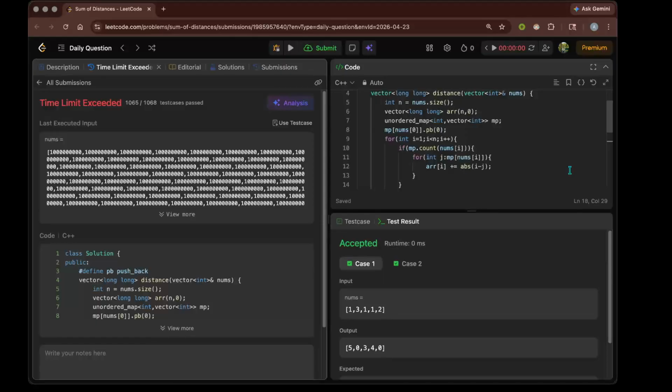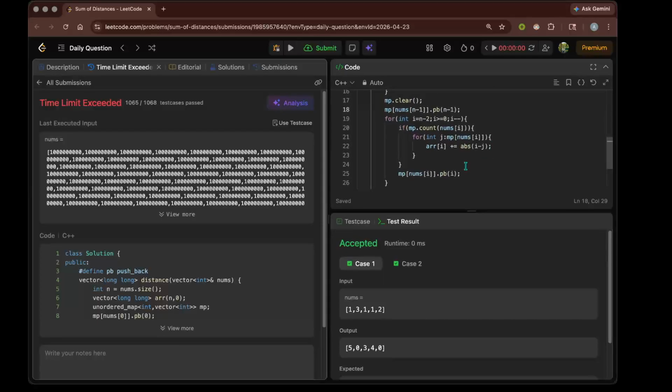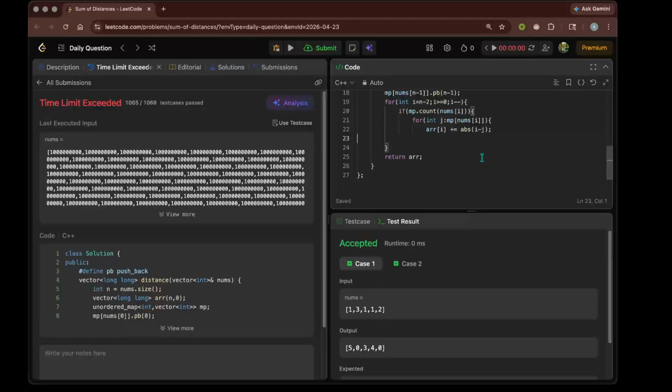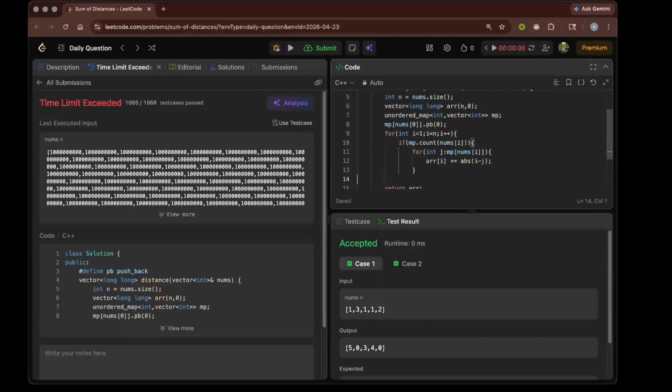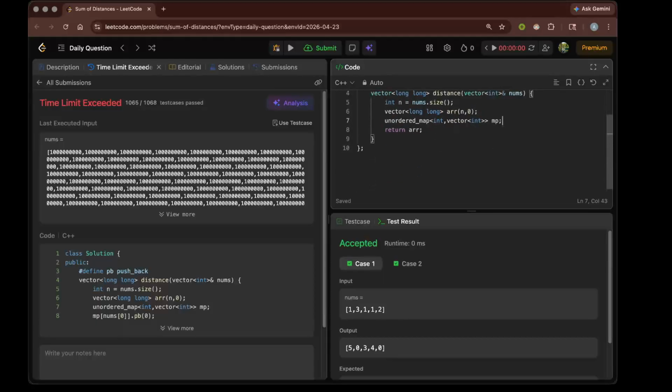Make sense? So this will be the answer so that we do not need this loop which can go big O of n at max. Let's do it again.